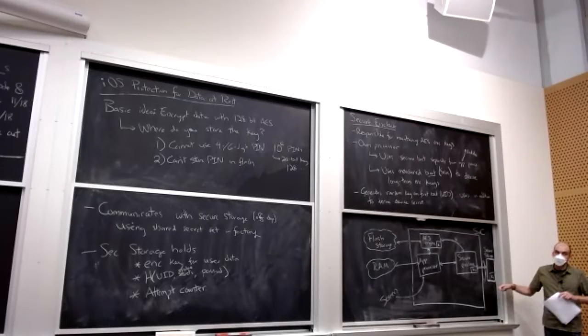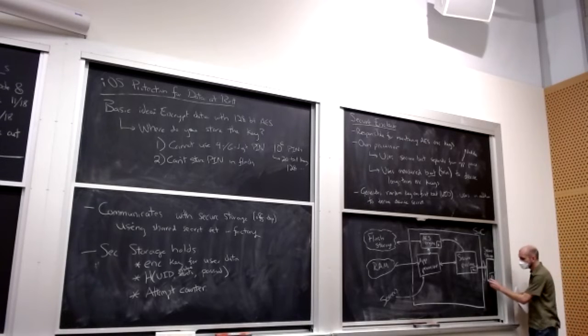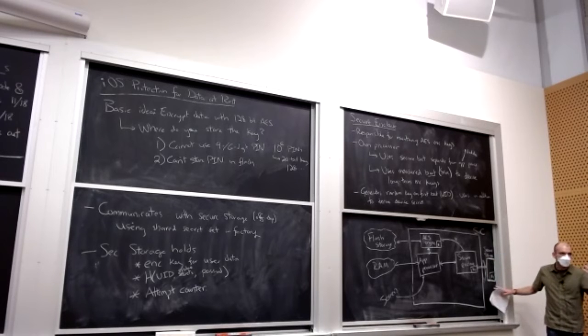And after, say, 10 authentication attempts that fail, the secure storage can securely delete the decryption key that's going to let you get the data back. So as long as you trust that the secure storage is doing its job correctly and its state can't get rolled back, and an attacker who steals your phone can't see into the brains of the secure storage, it's going to be really hard to guess more than 10 pins incorrectly without getting the data wiped.